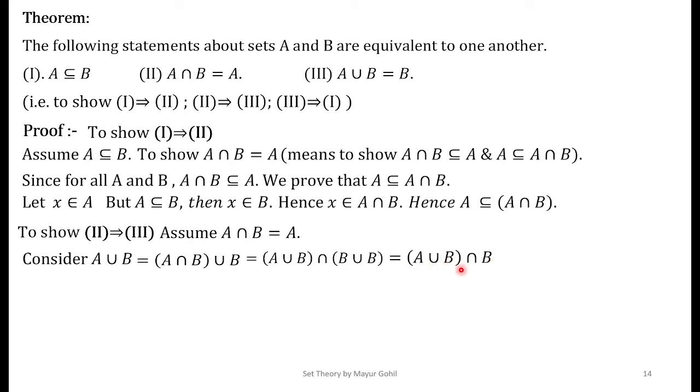(A union B) intersection B is nothing but B, right? Because A union B is a larger set and B is a smaller set, so (A union B) intersection B is going to be B. So with the help of the laws of set theory that we have seen, you got your claim: A union B is B.